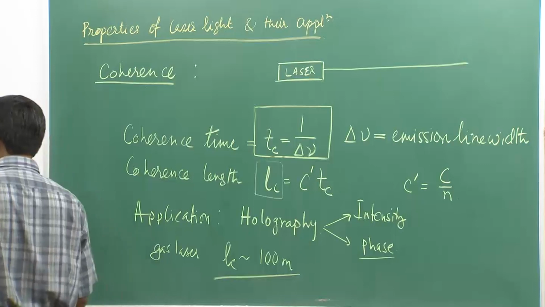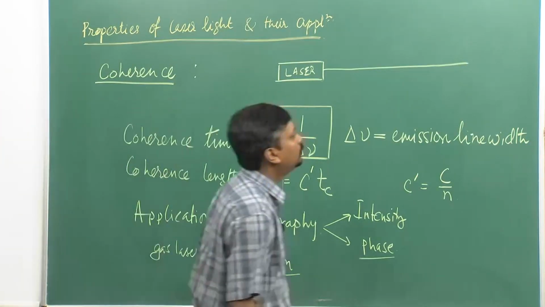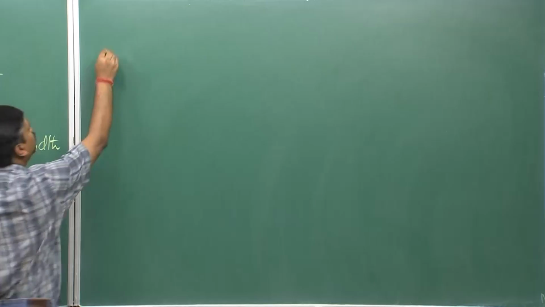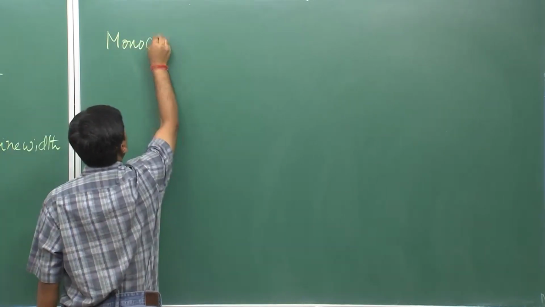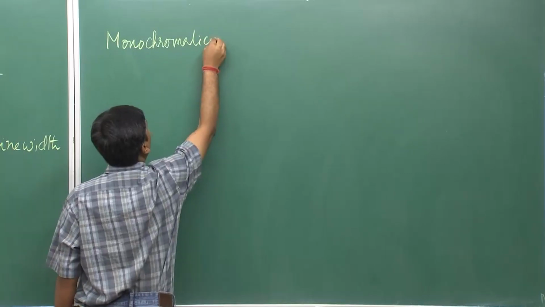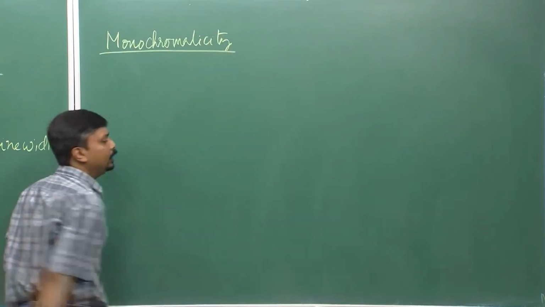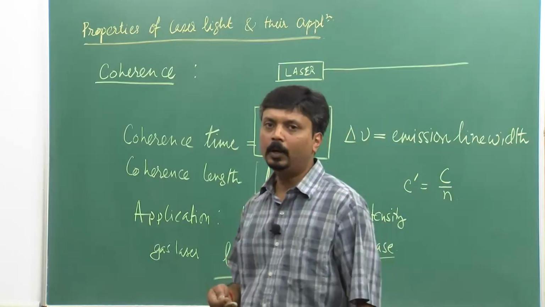Now let us look at another property, that is monochromaticity. From the name itself you can understand what monochromaticity is.